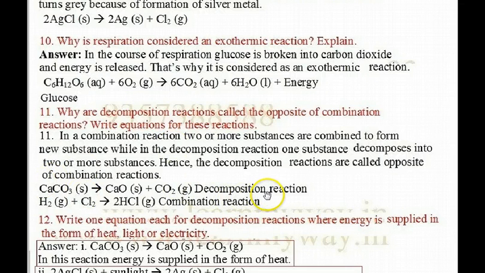In decomposition reaction, calcium carbonate, when it is heated, decomposes into calcium oxide and carbon dioxide. So it is a decomposition reaction. While hydrogen gas plus chlorine gas form two molecules of hydrogen chloride gas. It's a combination reaction. So the decomposition reactions are called opposite of combination reactions.